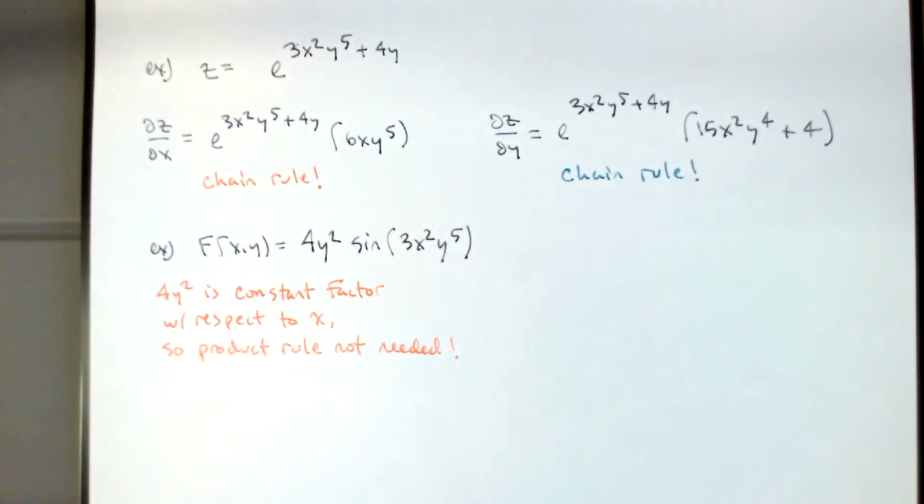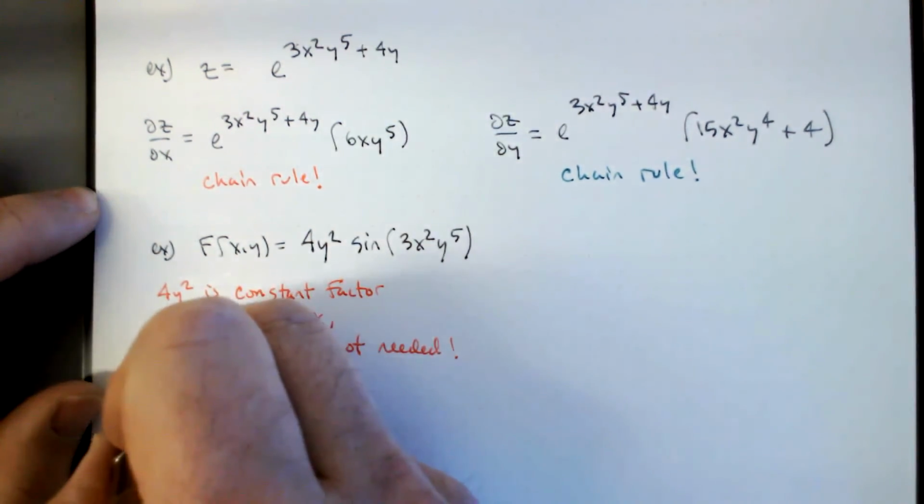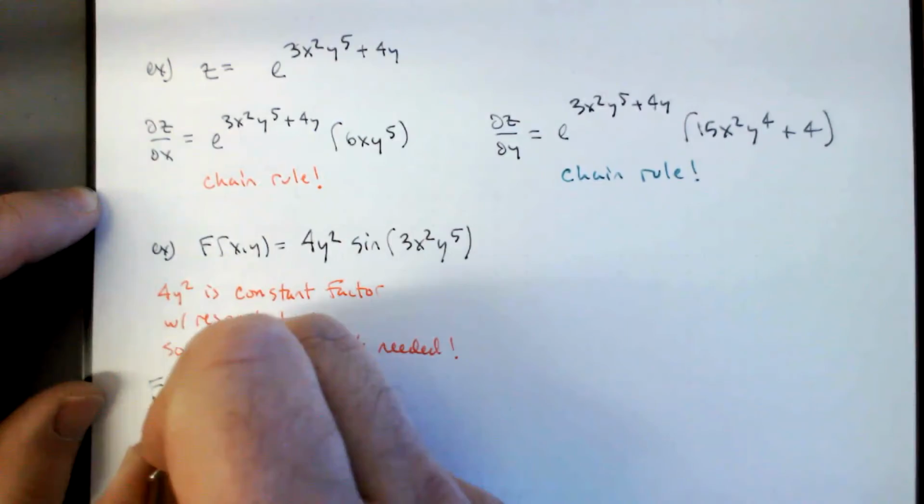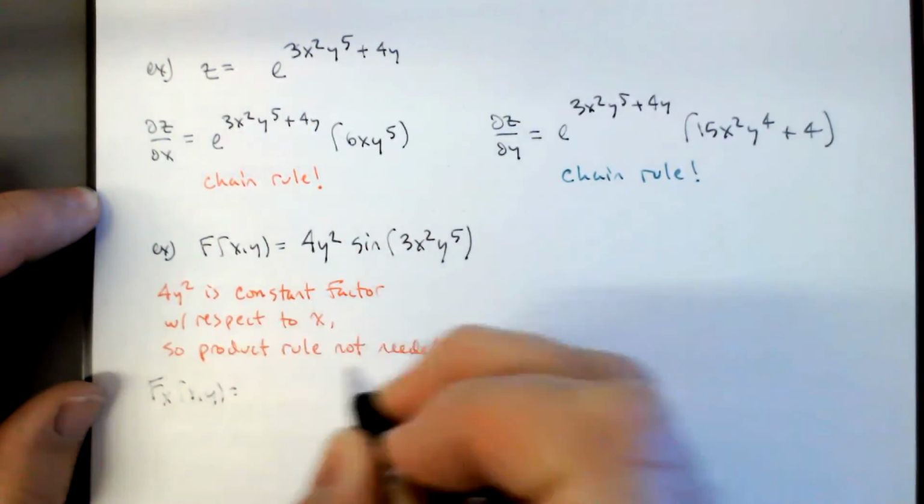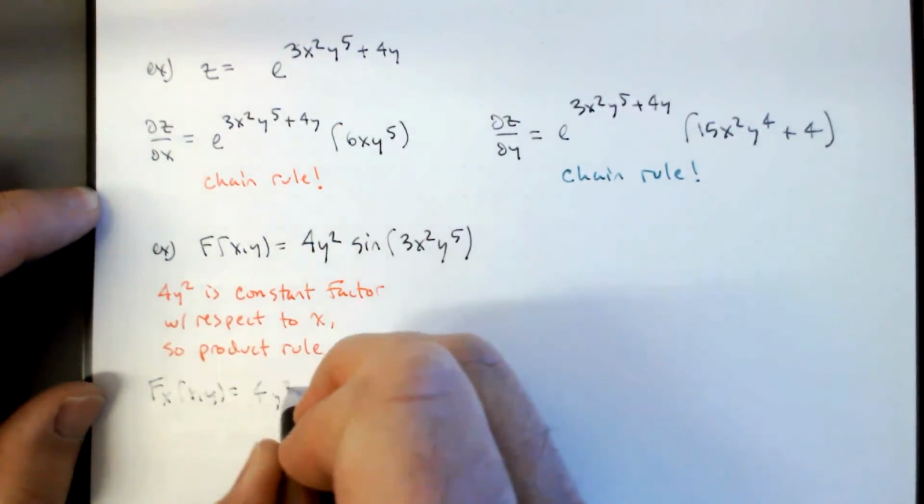So the derivative of 4y squared times sine of 3x squared y to the fifth: 4y squared is just going to be a constant factor. So I'm just going to keep it 4y squared.